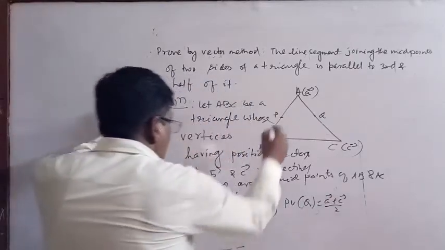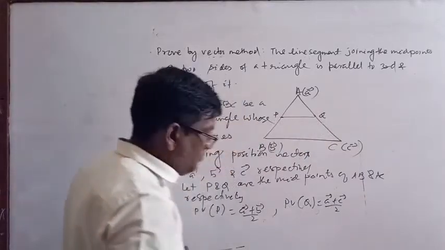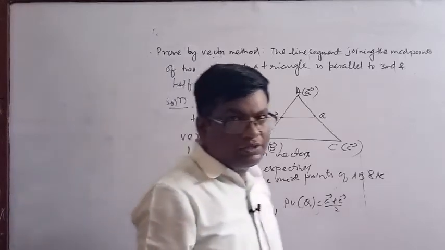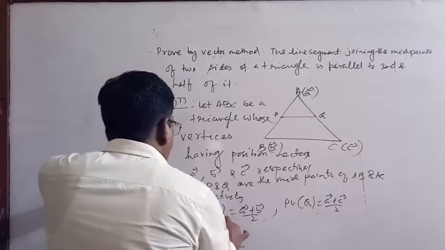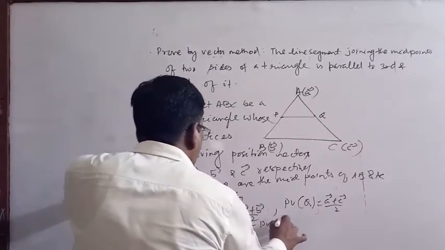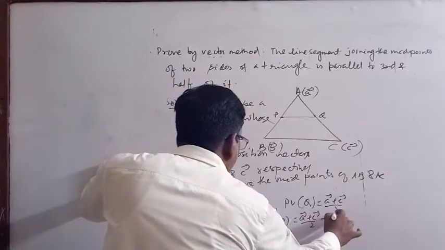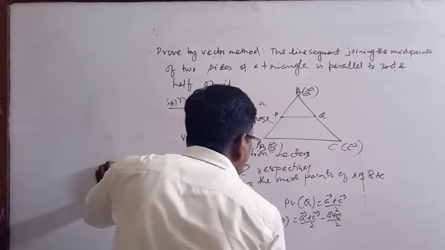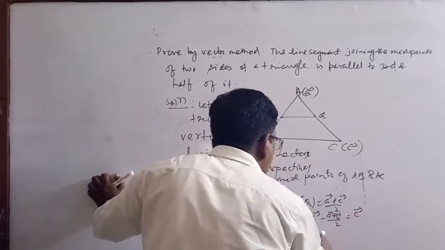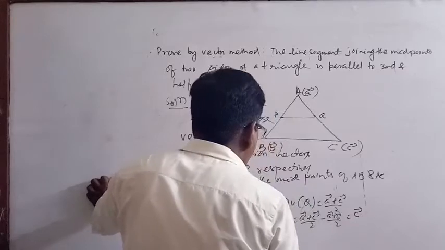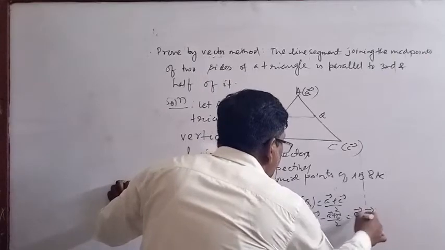Now PQ is equal to the position vector of Q minus the position vector of P, that is (A plus C) by 2 minus (A plus B) by 2. So A cancels, giving (C minus B) by 2.